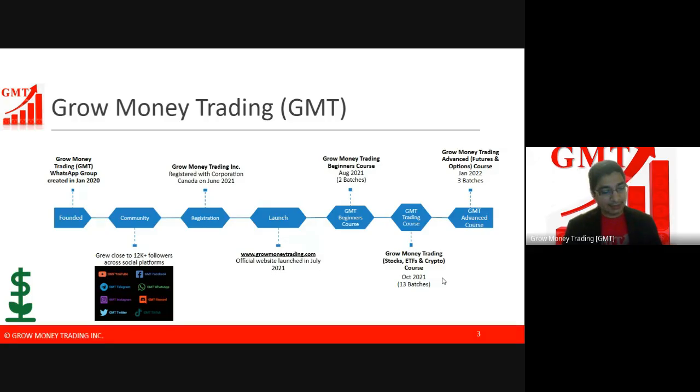The course is structured to help you start from zero and scale up in terms of the trading technical skills so that you can trade independently and make consistent profits.